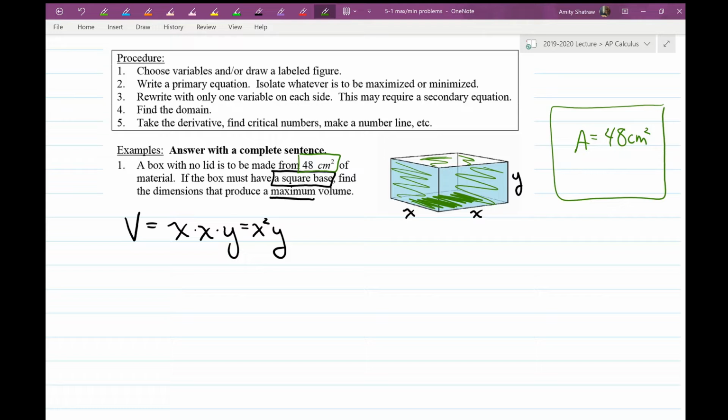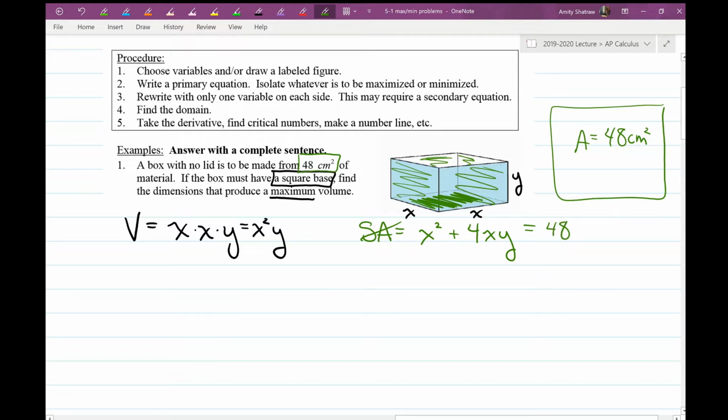So the surface area is the bottom piece, which is x squared, plus four side pieces with dimensions x times y. I know that surface area is 48.